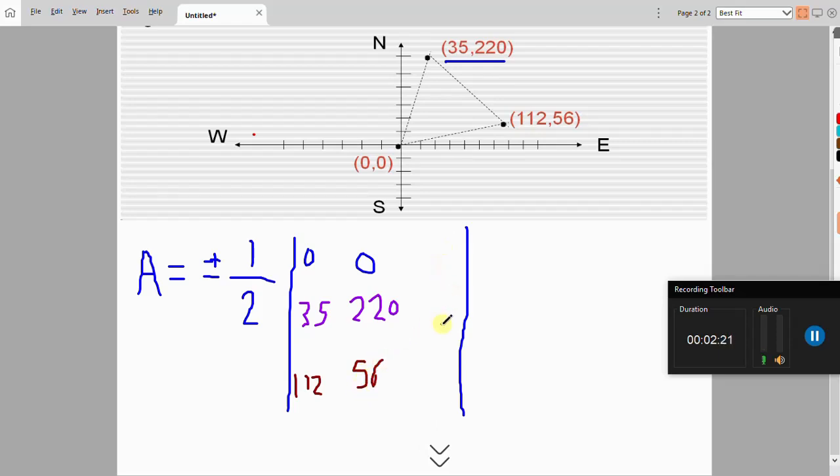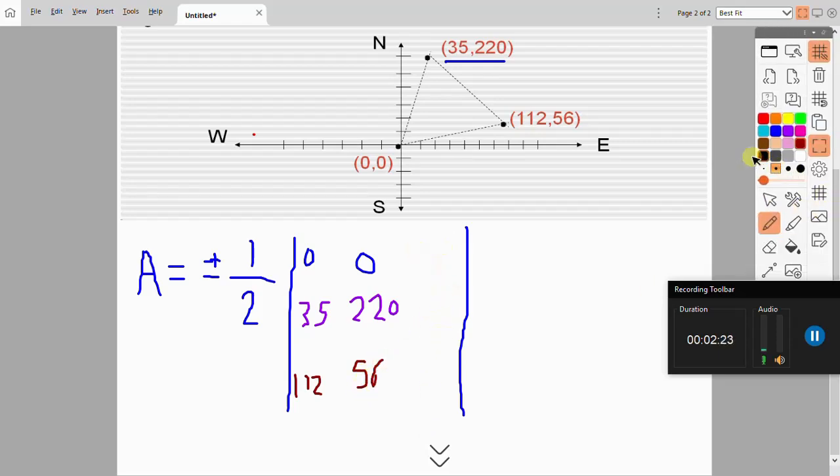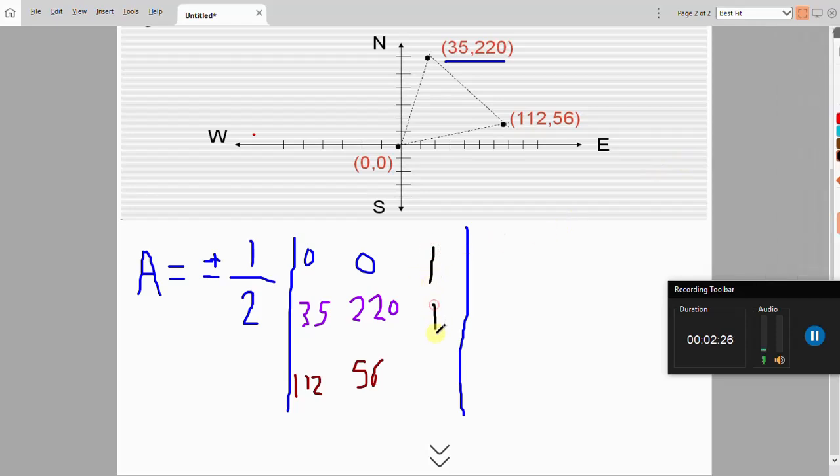The third column will be the unity: 1, 1, 1. So the area of this triangle is positive or negative half times the determinant, and the determinant will be formed from the first point in the first row, the second point in the second row, the third point in the third row, and in the third column the unity.